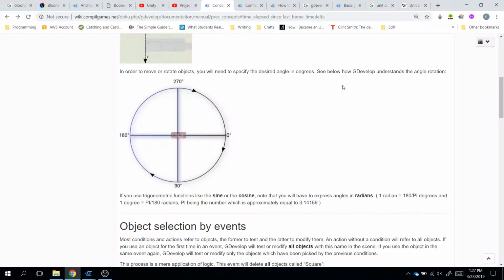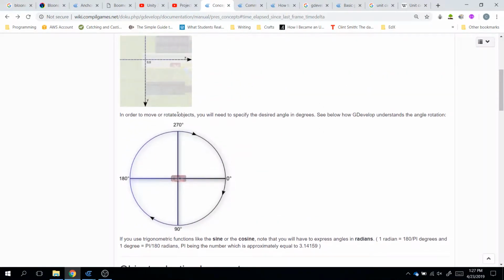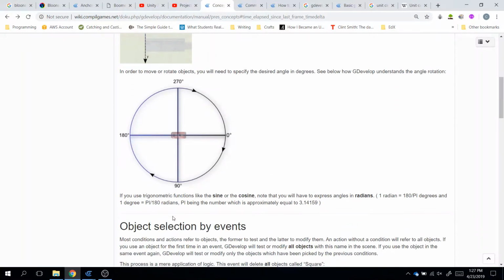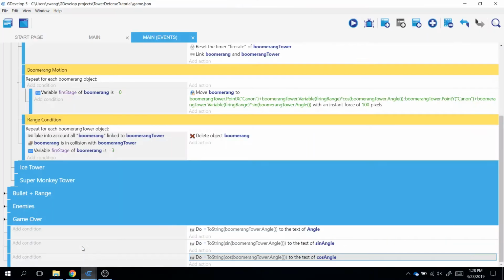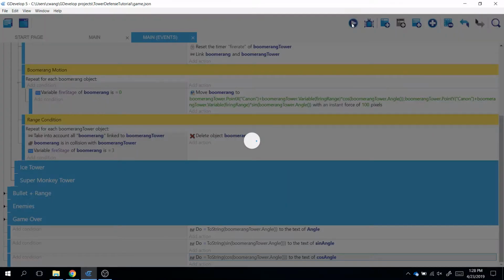Let's see. In order to move or rotate objects, you would need to specify the desired angle in degrees. See below. Okay. If you use trigonometric functions like the sine or cosine, note that you will have to express angles in radians. Oh. So currently what's happening is that if I look here, my angle, BoomerangTower.angle, is returning the angle in degrees.